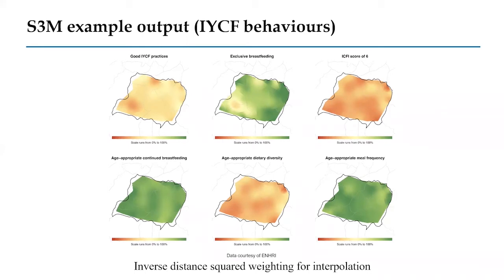And we'll see here as well that it's down in the southwest corner of this district. This is Bulosasore in Southern Nations in Ethiopia. We can see that good IYCF practices are at fault there, but also here, moving to a more sophisticated analysis, we can see that exclusive breastfeeding is also poor there, and age-appropriate dietary diversity is also poor there.